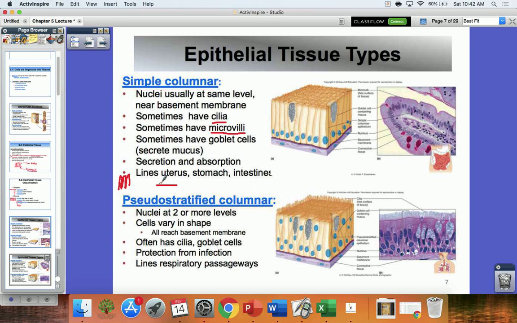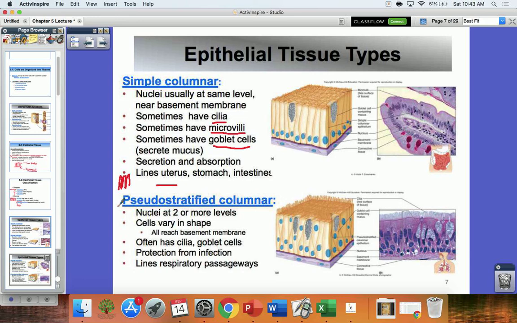In addition, they will sometimes have goblet cells. Goblet cells will also be something we'll talk a lot more about, but these are going to be responsible for secreting mucus. And you'll see goblet cells a lot in the next type of epithelial tissue, which is pseudostratified columnar. The reason why it's pseudostratified is because it looks like it's layered, but it's not.